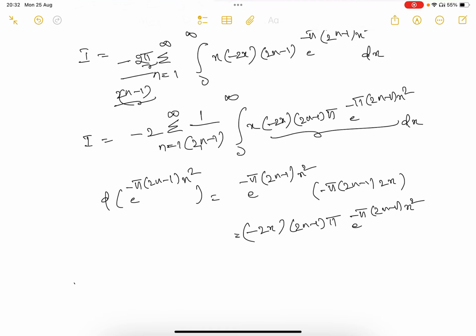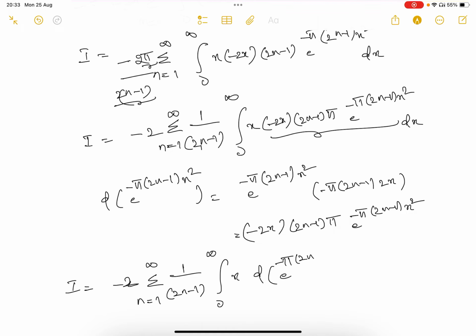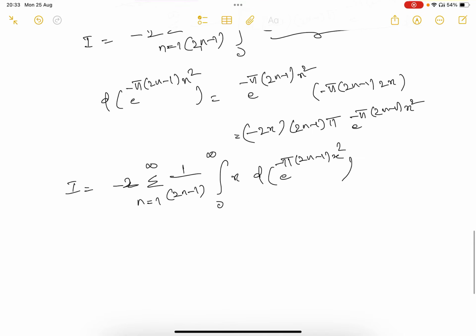So this I can be written as minus 2 into summation n equal to 1 to infinity, 1 by 2n minus 1 into integral 0 to infinity x into d of e power minus pi into 2n minus 1 x square. Fine. Now you can apply the integral uv dash form.